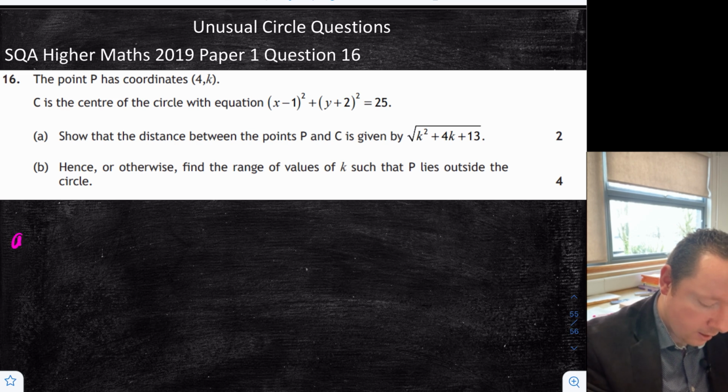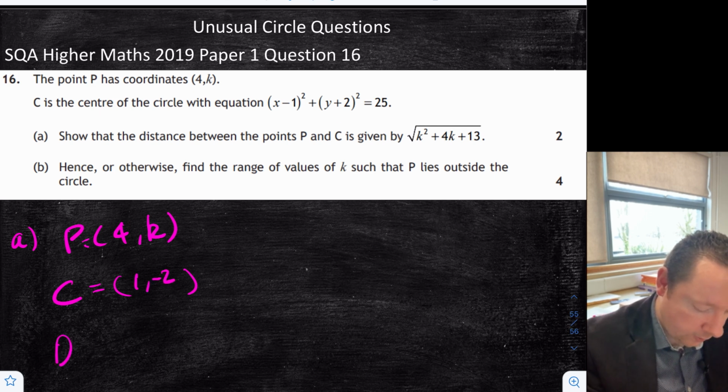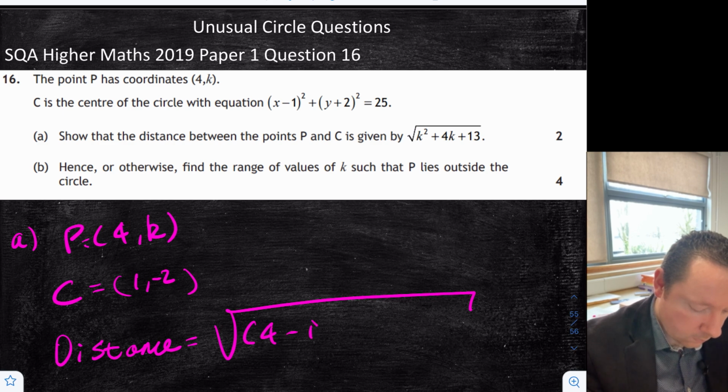So part A, we've got our points 4 and k, and the centre of our circle is equal to, well, let's have a look. We've got 1, minus 2. So we can work out the distance between them. That is going to be the square root of the difference in the x's, 4 minus 1 squared, plus the difference in the y's, k minus minus 2 squared.